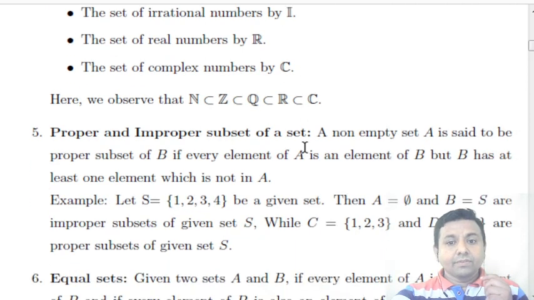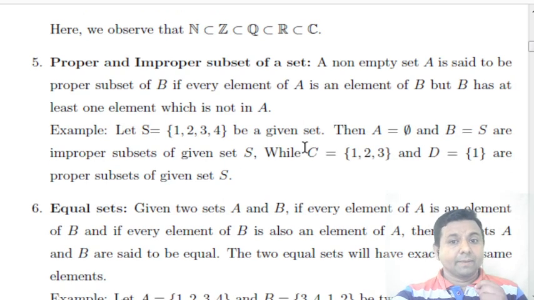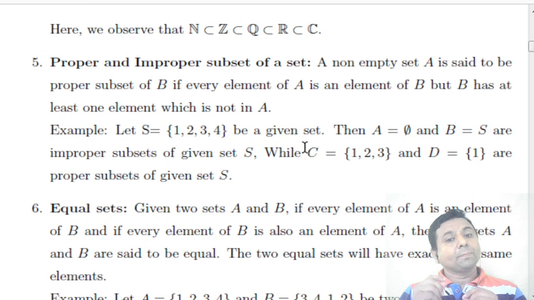Now we have two important types, proper and improper subsets of a set. A non-empty set A is said to be a proper subset of B if every element of A is an element of B, but B has at least one element which is not in set A. Let S equal {1, 2, 3, 4} be a given set.